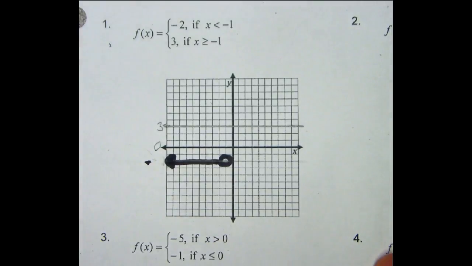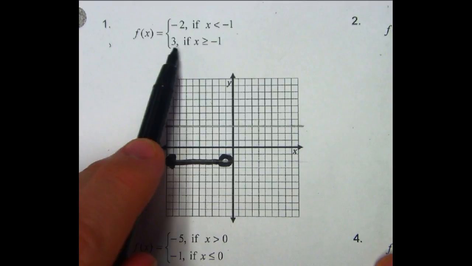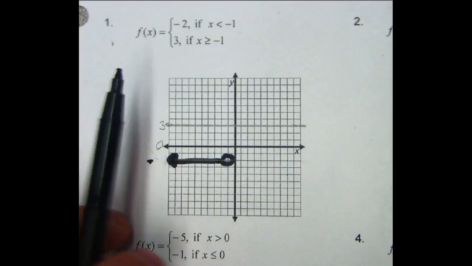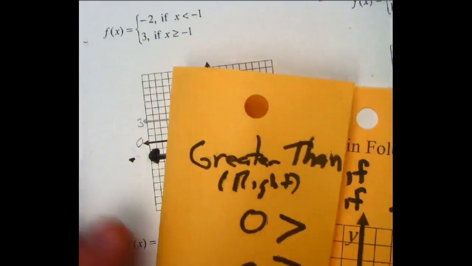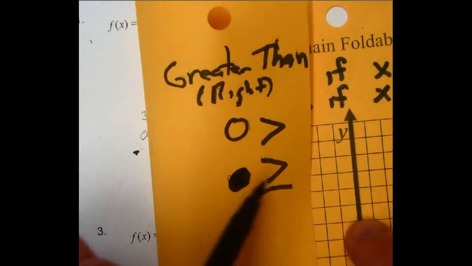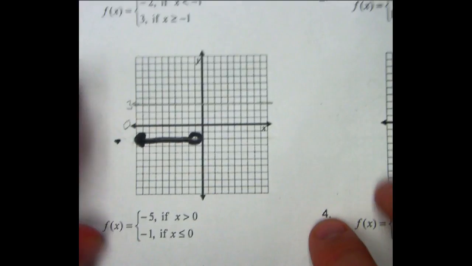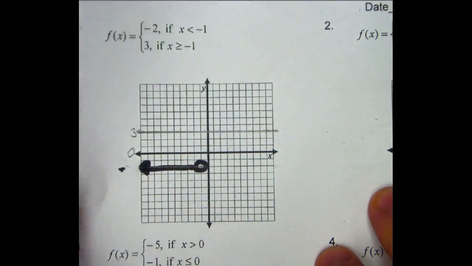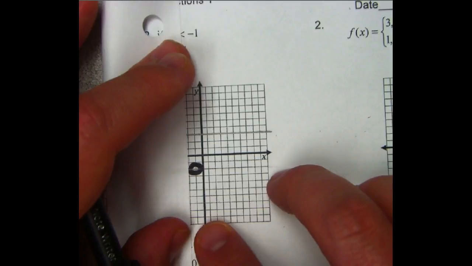Now we'll do the same thing for 3. 3 is greater than or equal to -1. So the greater than or equal to, we're going to use the left flap. Greater than or equal to is going to be a solid. So use the left flap and go to -1. Here's -3, -2, -1.